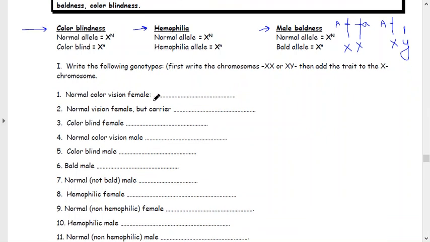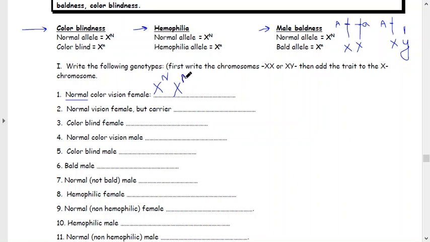Normal color vision female. Well, you know she's female, so we're going to put 2 X chromosomes down. And she has normal color vision. Well, color vision is a sex-linked trait, so she has to have at least one normal allele. By the way, the normal conditions are all dominant here.